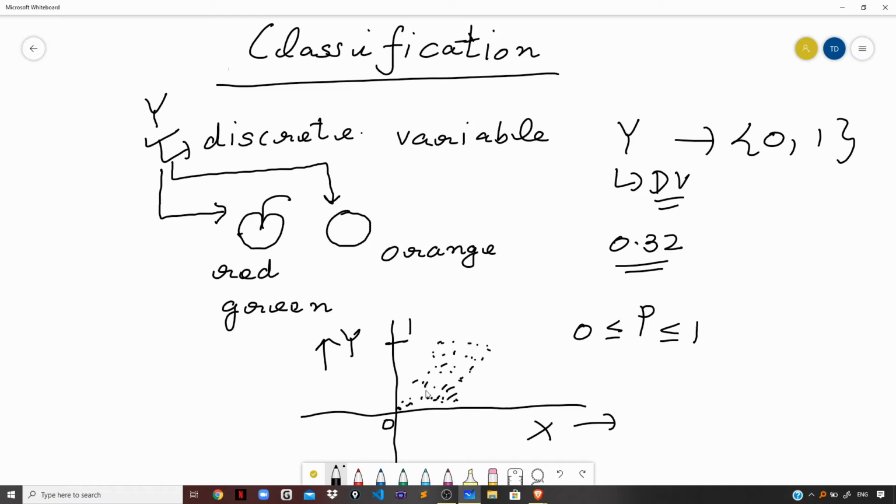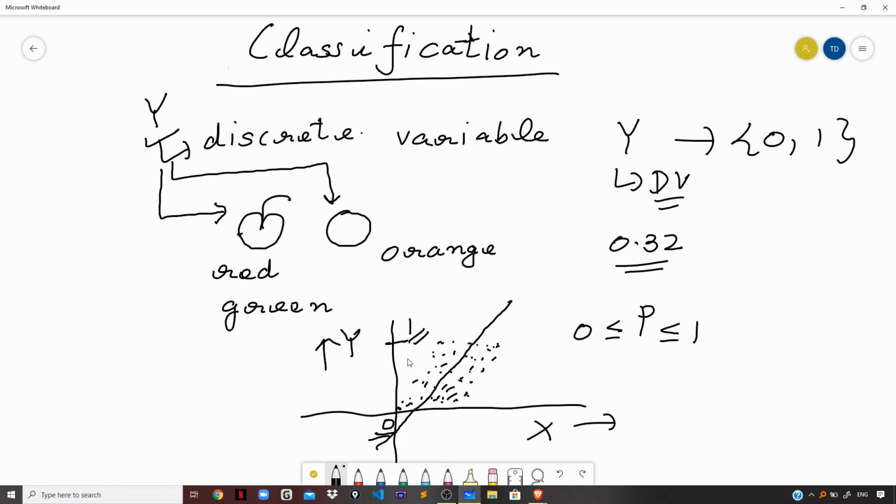Now let us try to pass a linear regression line through the above data. This is a line that is passing through the data, and the data is confined within the bounds 0 and 1. Now here you can see within the range there are no values that you can make use of, because your y cannot be between 0 and 1 since it is a discrete variable. It can be either a 0 or a 1.